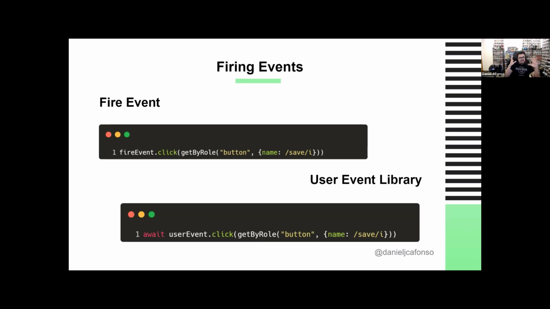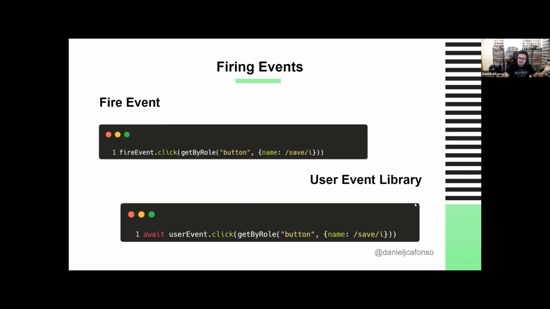All these events are fired whenever you're interacting with a button. To deal with this, we have a companion library from the Testing Library family, which is the user-event library. This library will fire all the events typically associated with that action. So whenever you're clicking, it will fire all the events associated with clicking.